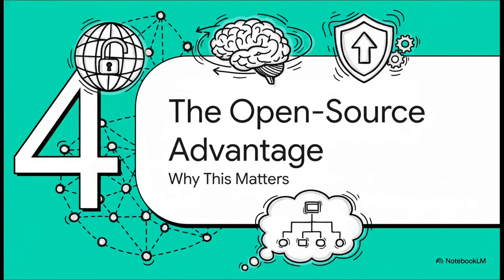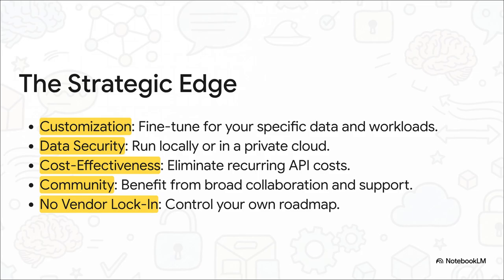Now, in Section 4, let's just zoom out for a second. Why does choosing open source even matter? This isn't just some technical choice you make, it's a deeply strategic one. The strategic edge is just so clear. With open source, you can fine-tune a model on your own private data, to create a product voice that is uniquely yours. You control data security end to end. You can optimize for cost, getting rid of those recurring API fees. You get to tap into a global community of innovators.